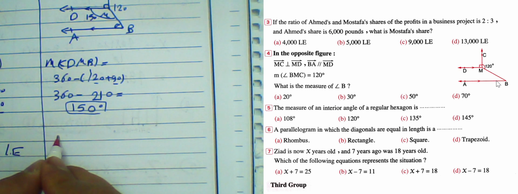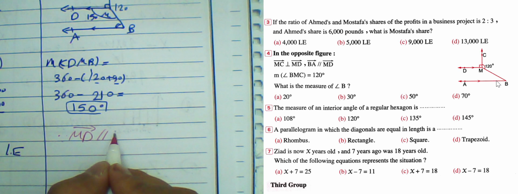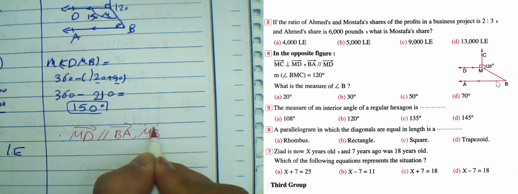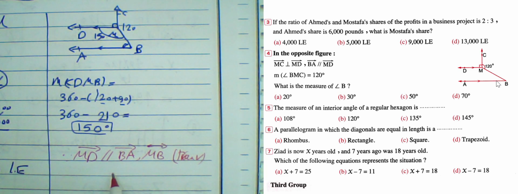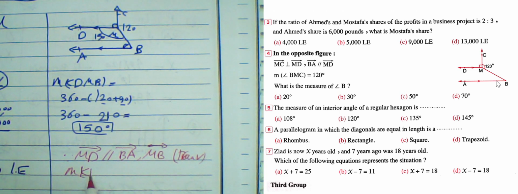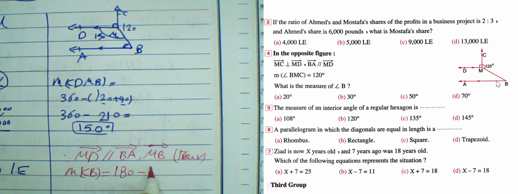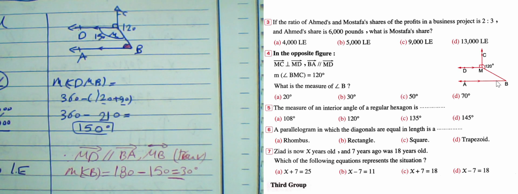And then, such that we have the ray MD parallel to the ray BA and the straight line MB transversal of them, meaning the measure of angle B equals 180 subtract 150 equals 30 degrees. Then the measure of this angle will be 30 degrees.